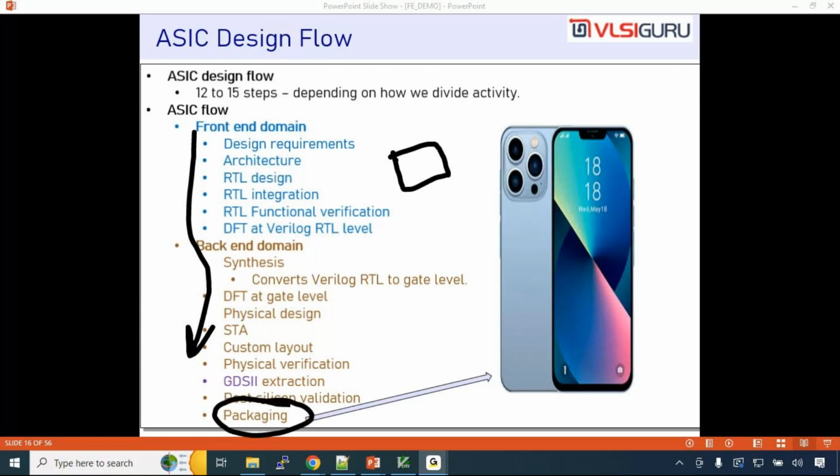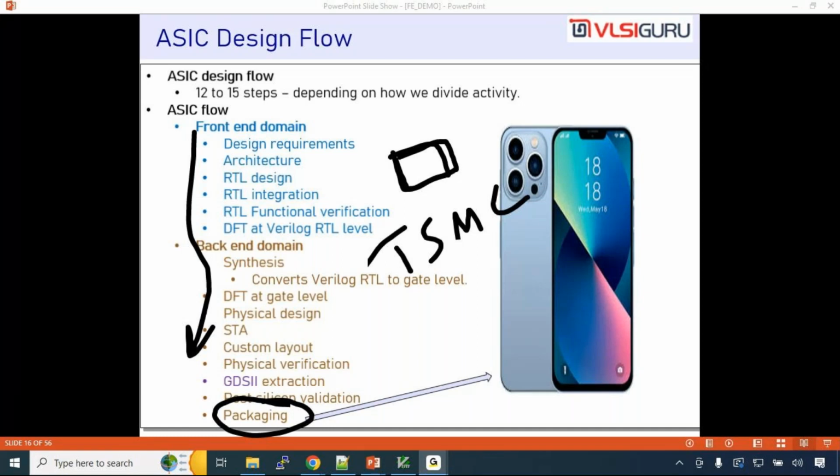For this to be fabricated, there are fabrication companies. Have you heard of a company called TSMC? There are another 3-4 companies who manufacture the chips.